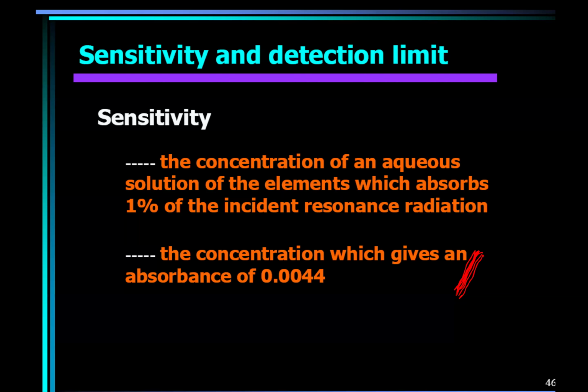An absorbance of 0.0044, take your calculators for me, please, minus log T, so which means 0.0044 equals minus log T, which simply means that T is equal to 10 raised to minus 0.0044. What number do you get? How much is transmitted?